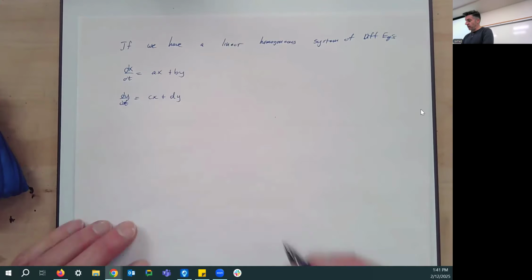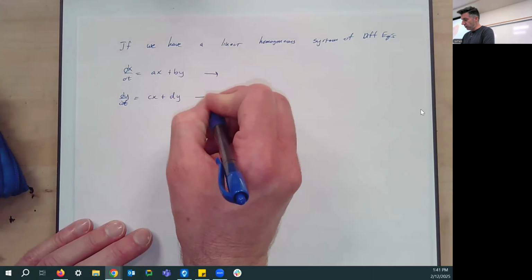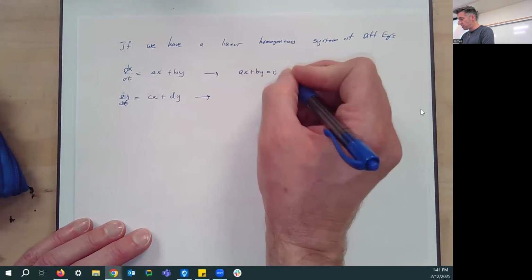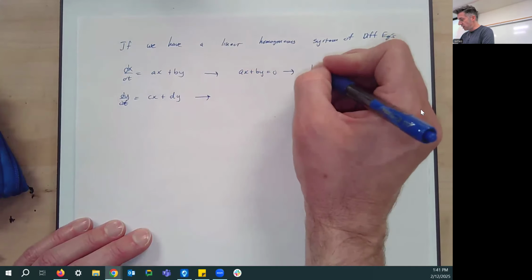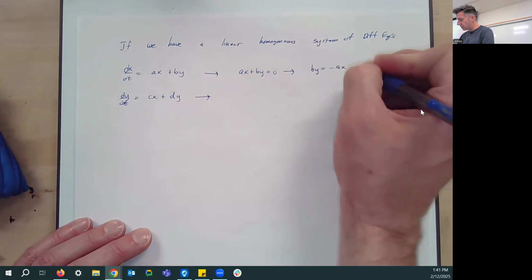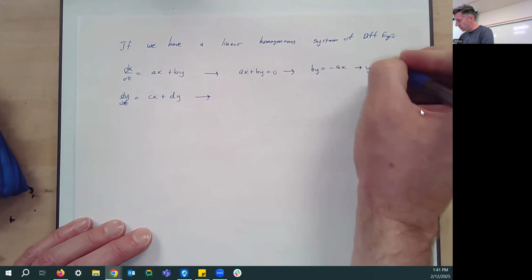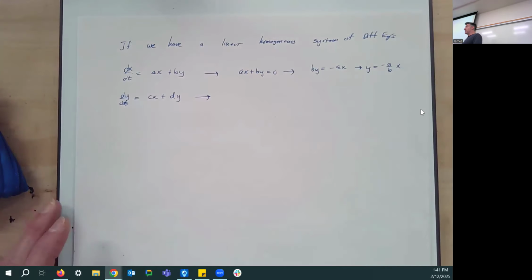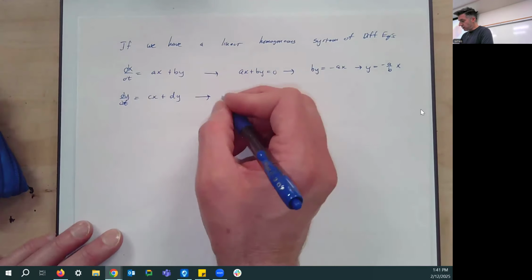Because essentially, if you set ax plus by equal to 0, you're just going to get the line by equal to negative ax, or y equal to negative a over b times x. And certainly the origin is one of the points you're going to get. You can set that down in front of you if you want. Same deal here.